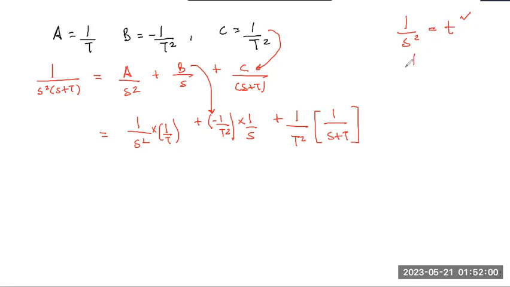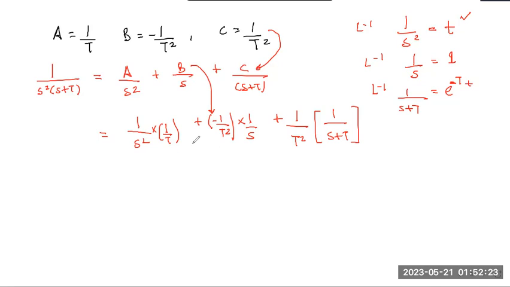And what would be the Laplace inverse of 1 by S? Laplace inverse of 1 by S is 1. Similarly, the Laplace inverse of 1 by S plus t is nothing but e to the power minus t. So this is the Laplace inverse that I'm going to get.